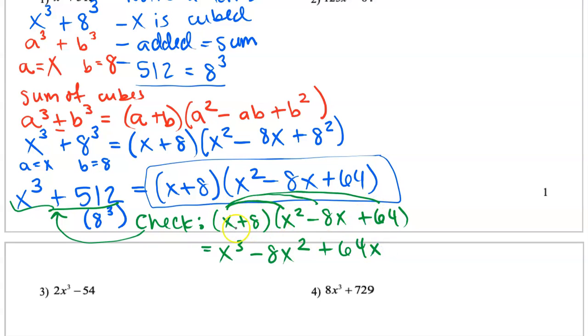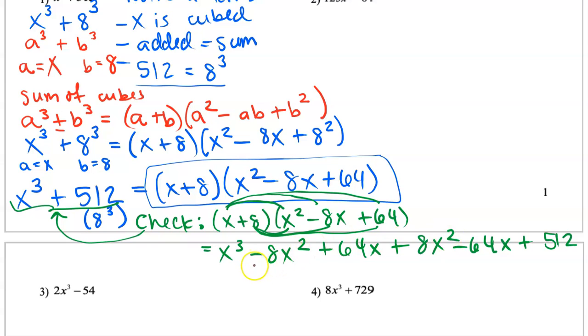So I did my first distribution. Let's do the second distribution. 8 times x squared, that's 8x squared. 8 times negative 8x would be negative 64x. And 8 times 64, that would be 512, because it's 8 times 8 times 8. So look at this.